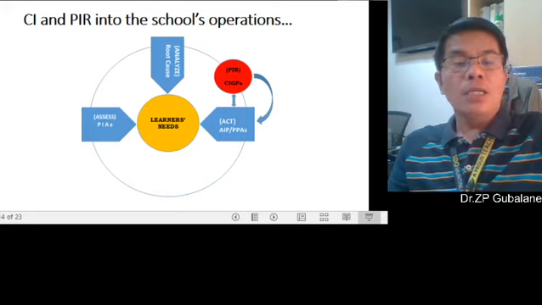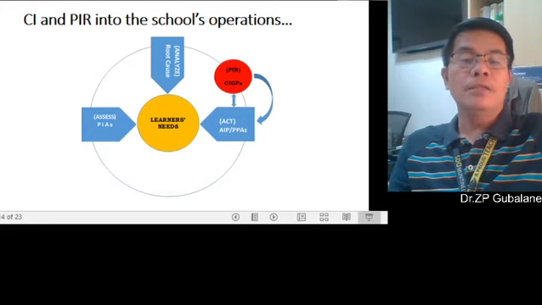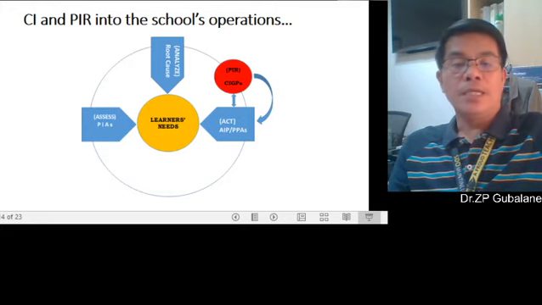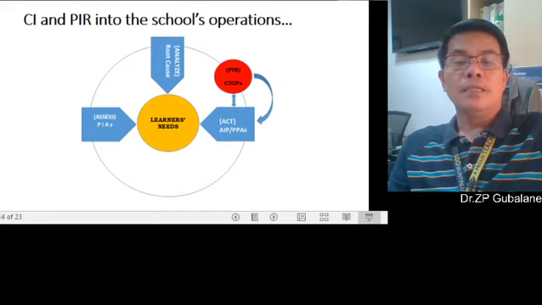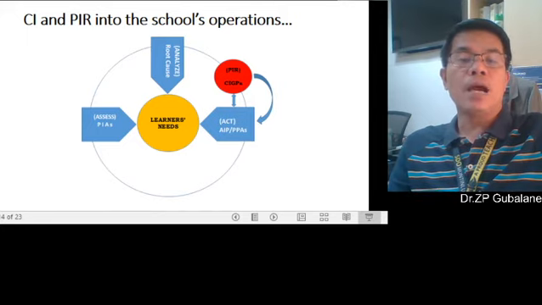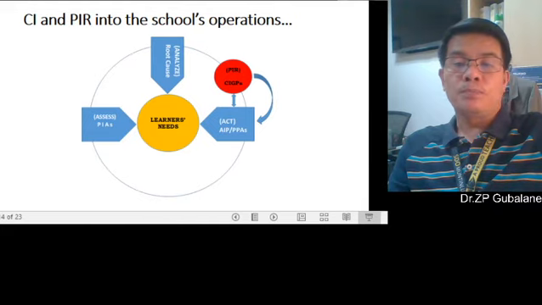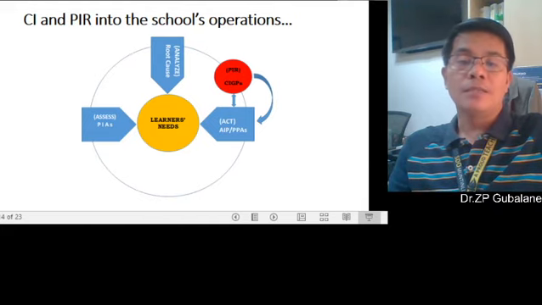Okay, now here you can see the red circle, and it is written there PIR. That is now Program Implementation Review. Now, as you can see, it is only connected to the act component of CI.